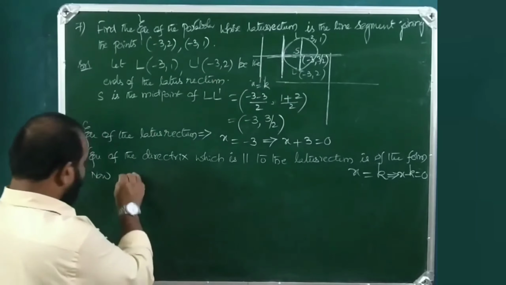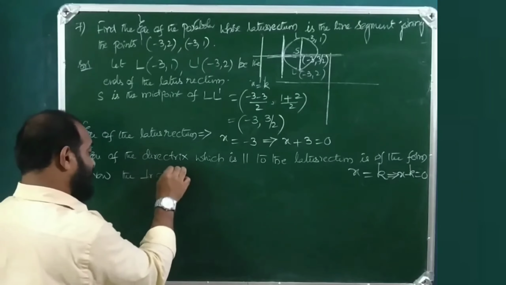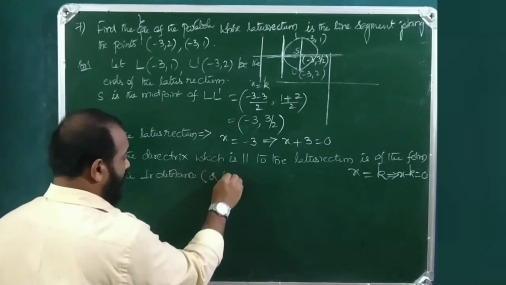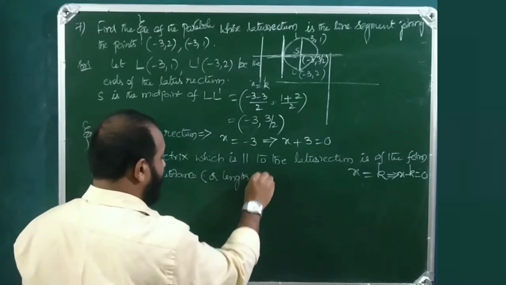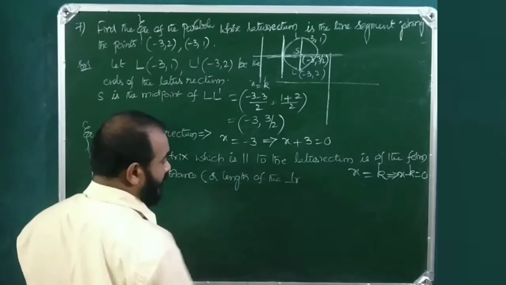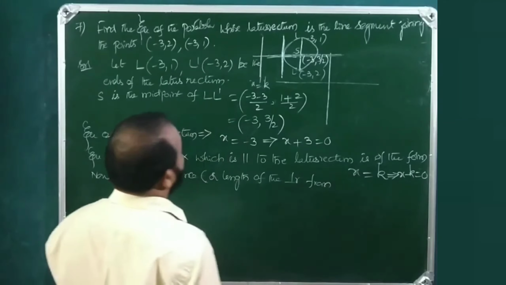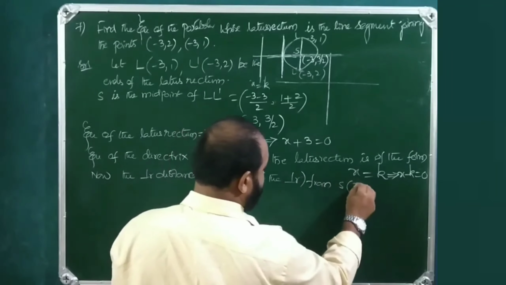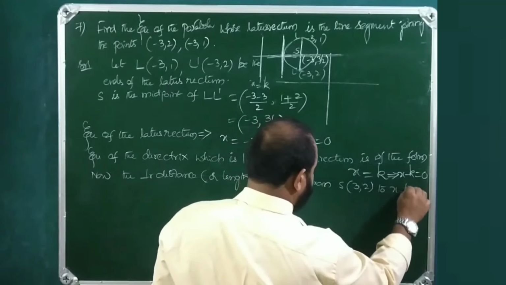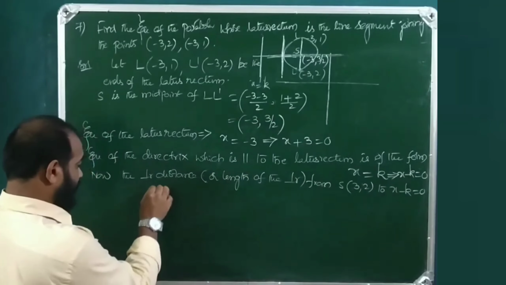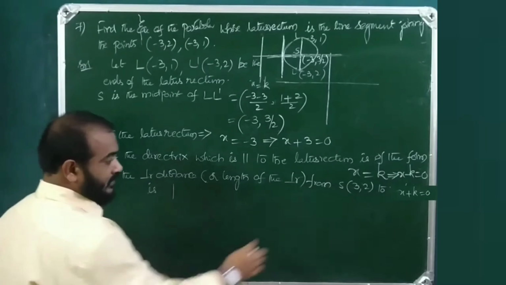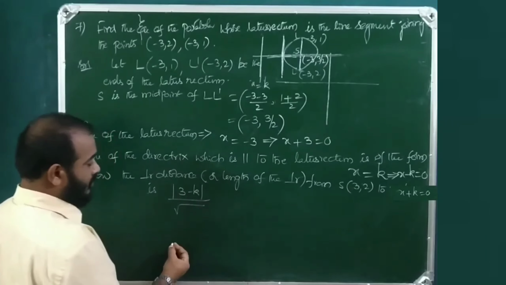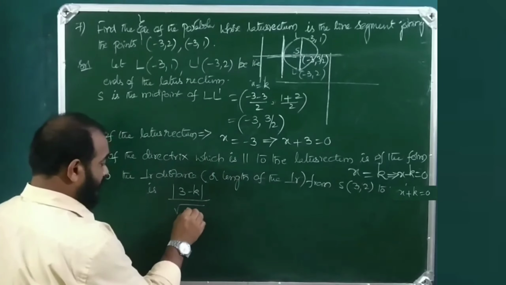The length of the perpendicular from S (3 comma 2) to x minus k equals 0 is modulus of (3 minus k) by square root of 1 square plus 0 square.